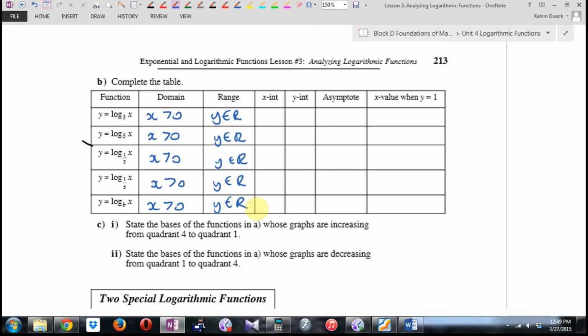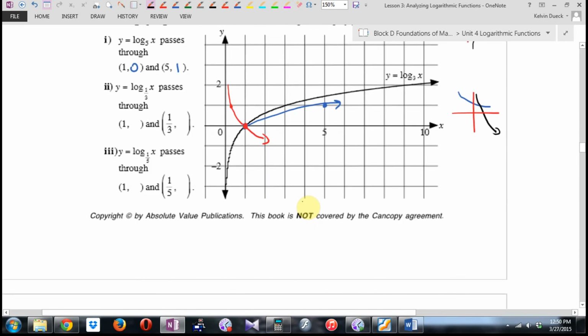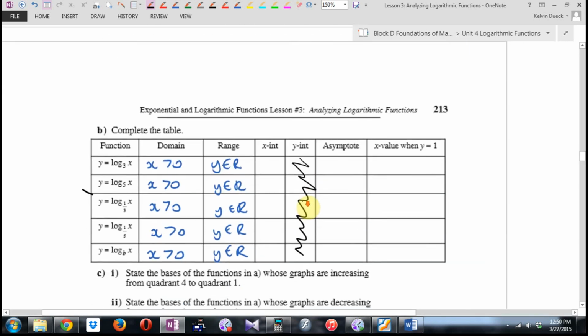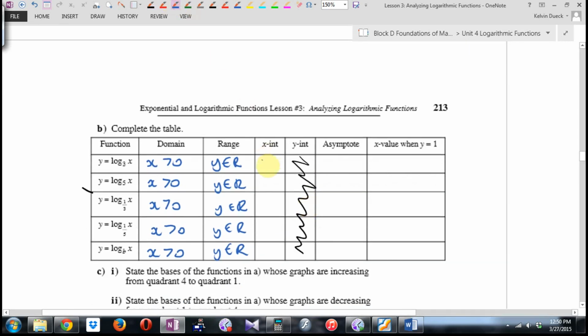Every one of these has no y-intercept. What was the x-intercept that we kept running into here? Every one of these is going to have an x-intercept of 1 comma 0.